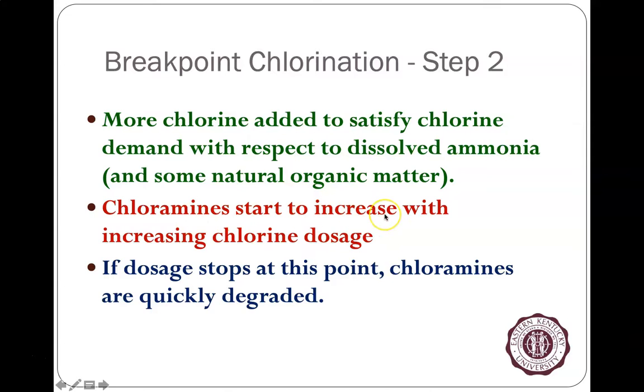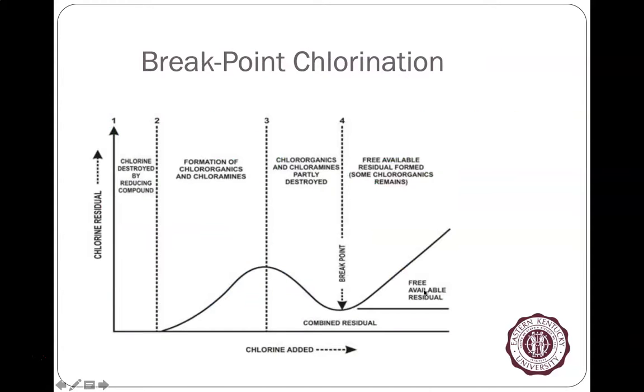Chloramines will increase with increasing chlorine dosage. But if the dosage stops over time, or even as you add more chlorine, you will stop favoring the production of chloramines. And again, chloramines are quickly degraded. So we see this decline in chloramines.